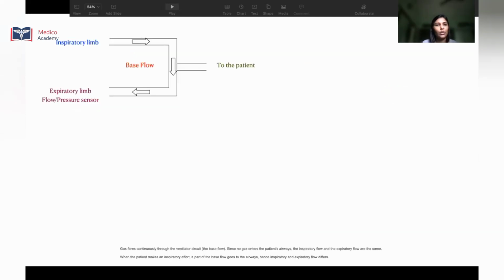Whatever goes from the inspiratory limb comes back. So if 10 liters per minute flow is going through the inspiratory limb, when there is no flow to the patient, 10 liters per minute comes back to the expiratory limb, which is sensed by the flow sensor or the pressure sensor. But what happens when there is an effort from the patient side?